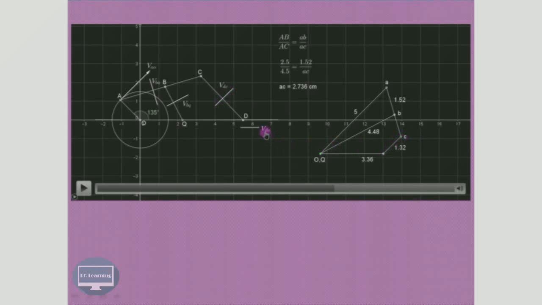Then we'll go to the next vector, D with respect to O. Out of this D and O, point O is known. So from O, draw a line parallel to this line. Wherever these two lines intersect each other, that is our common point, that is D, because for VDC and VDO the common point is D. So D is the point of intersection over here, and that will complete our velocity diagram.